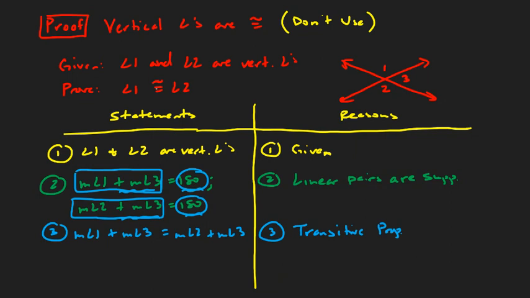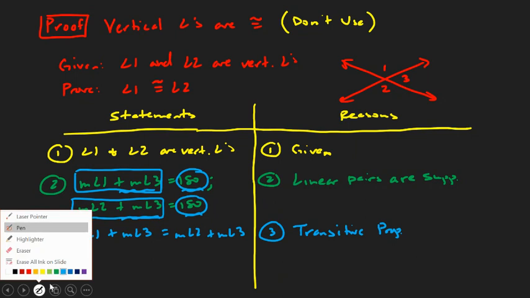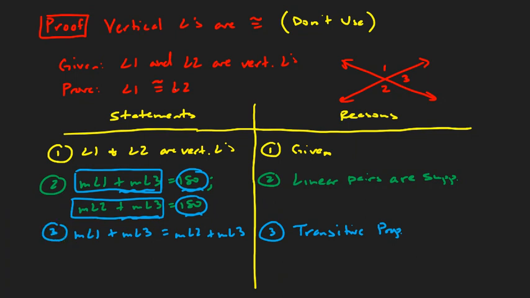In order to say that they're congruent, we need to eventually say that the measures of angle 1 and angle 2 are equal. Well, look here. On this side, I have the measure of angle 1 and angle 3. On the right side, I have the measure of angle 2 and angle 3. Notice angle 3. If I were to subtract the measure of angle 3 on both sides, they would cancel.